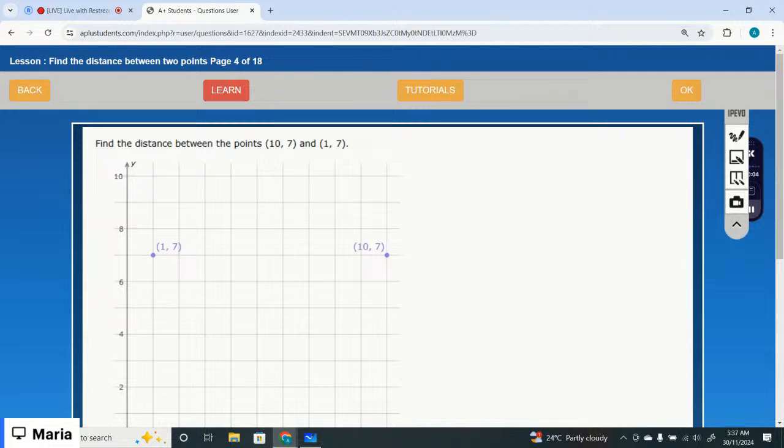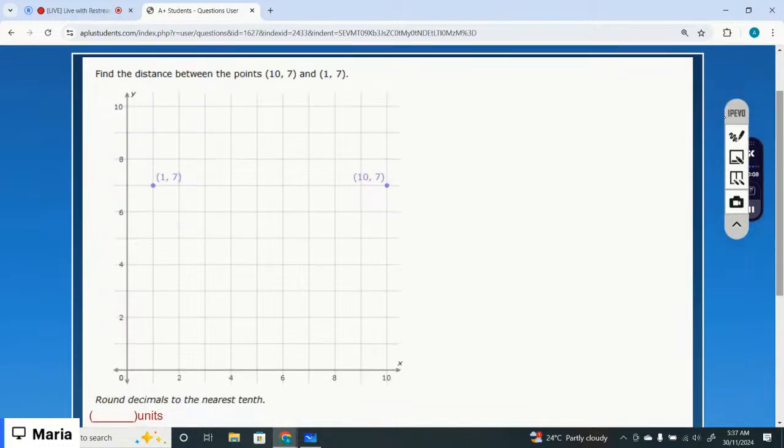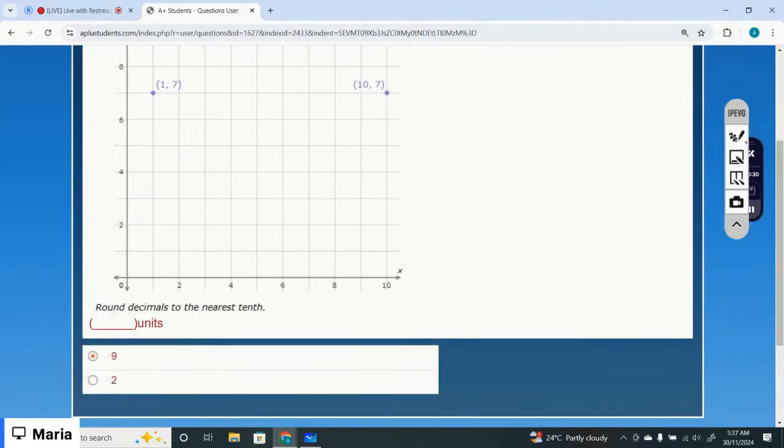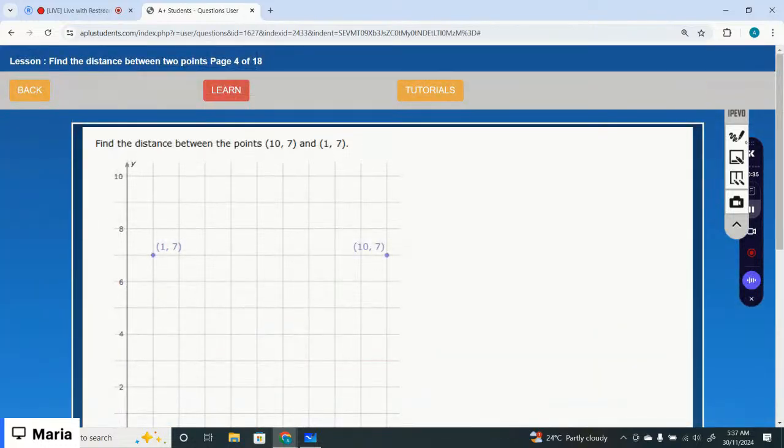Find the distance between the points (10, 7) and (1, 7). That is 9. Option number 1 is the correct option.